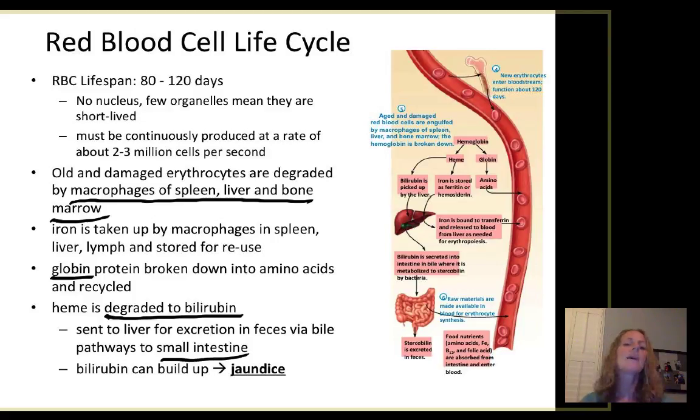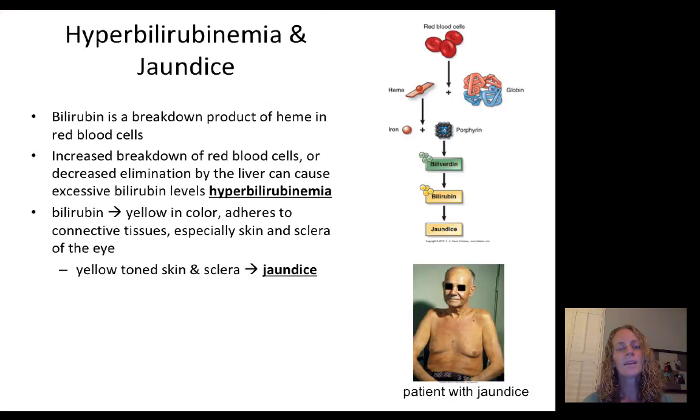In the case that something in this degradation pathway has gone wrong, and you either have too much bilirubin building up or not enough excretion of bilirubin, this can cause jaundice. So bilirubin is a breakdown product of heme in the red blood cells. Increased breakdown of red blood cells or decreased elimination by the liver can cause excessive bilirubin levels, or hyperbilirubinemia.